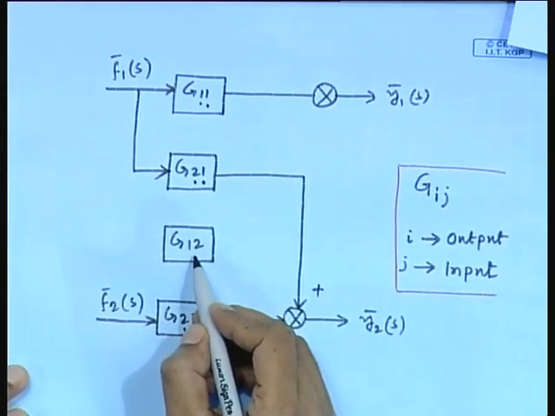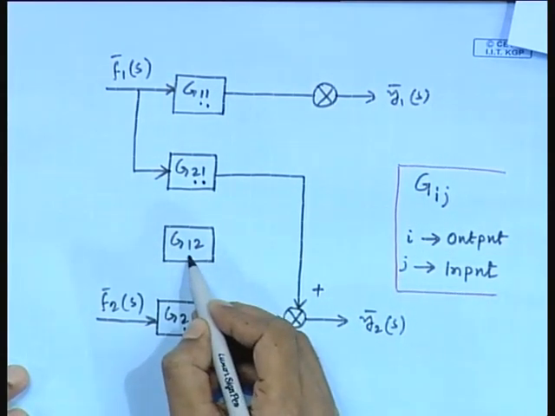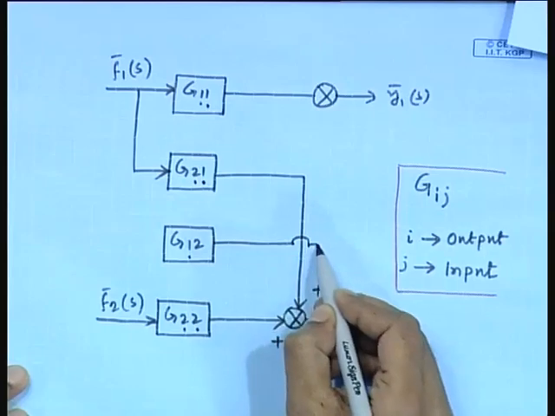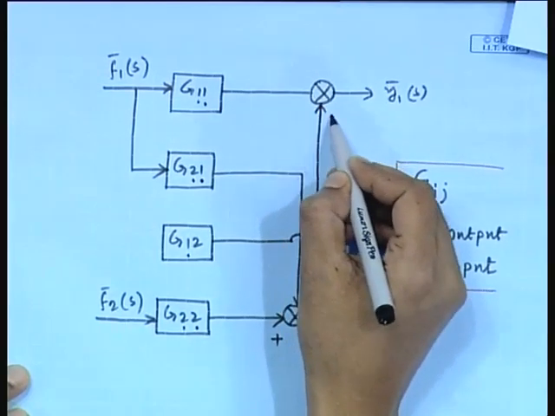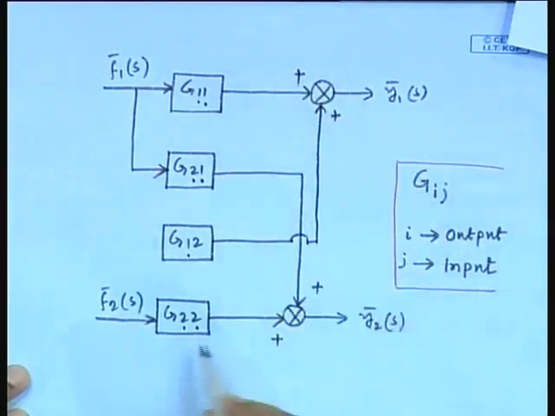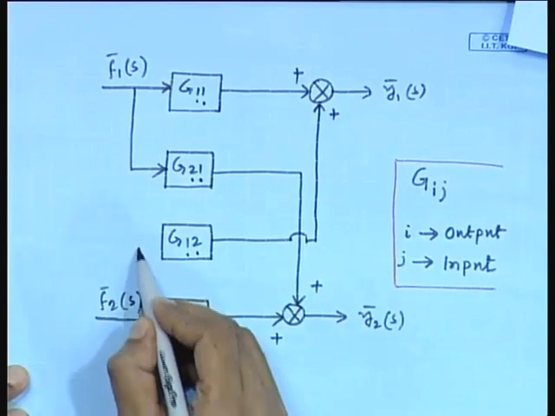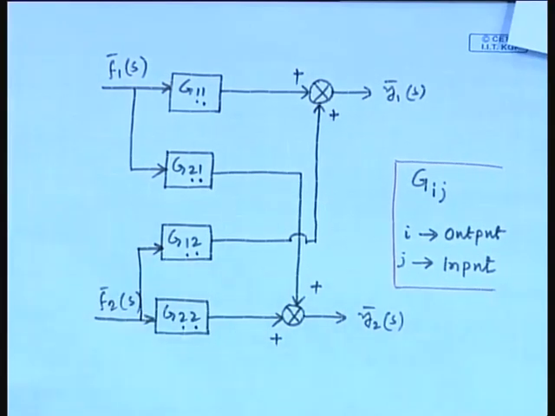Similarly, for G12 first suffix is 1, that means Y1, and second suffix is 2, that indicates the second input, that means F2. Fine.